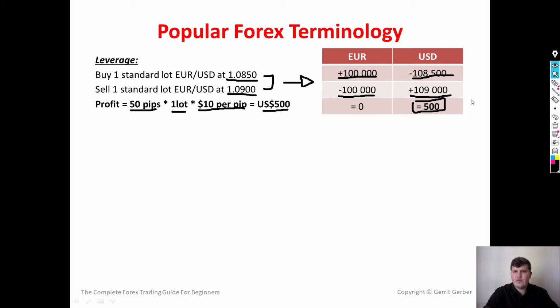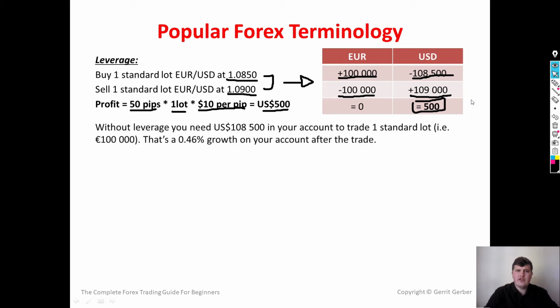So when you make use of no leverage, you would need the full amount of 108,500 in your trading account to only buy one standard lot or 100,000 euros, and that is a big amount of money for retail traders to have.